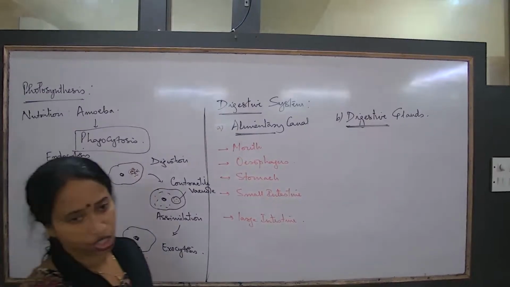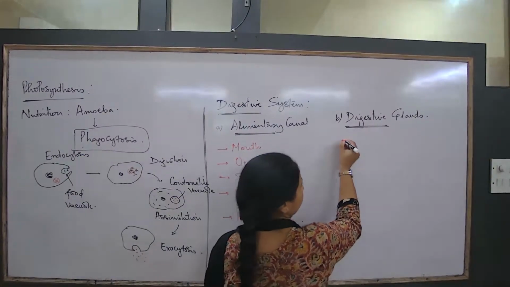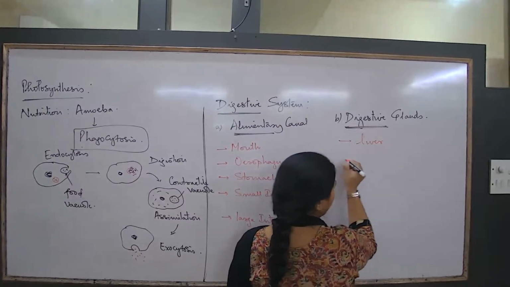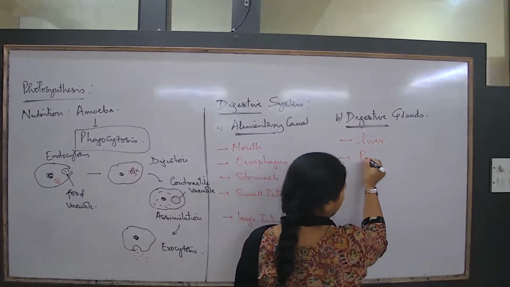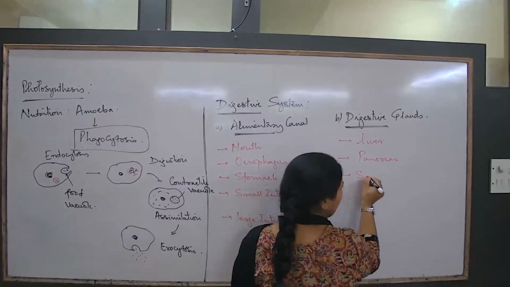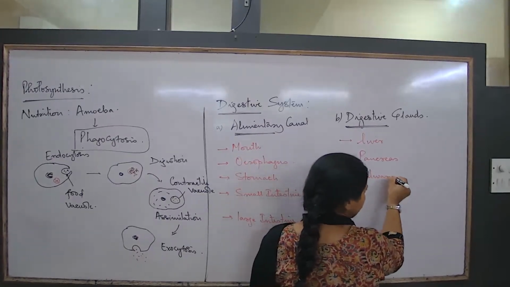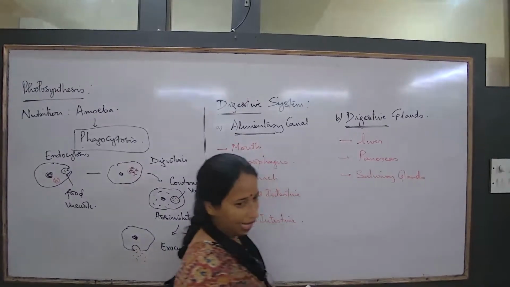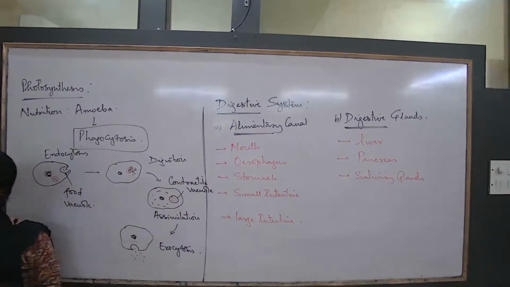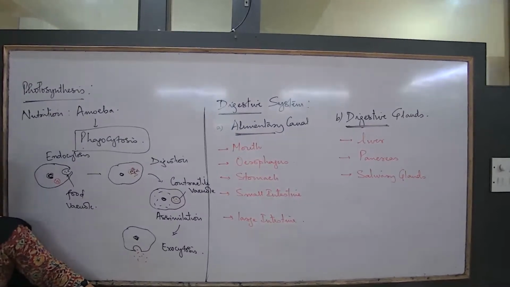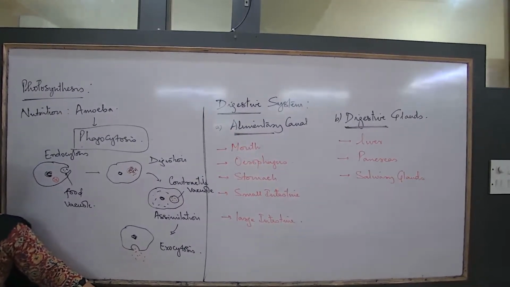I talk about the digestive glands. Which are the digestive glands? The first, the largest gland of the body, the liver. Then we have the pancreas. And apart from that, in the mouth, the salivary glands. So what is the major difference you are understanding? In the alimentary canal, food passes in the tube, food is present in the tube, digestion is happening in the tube.